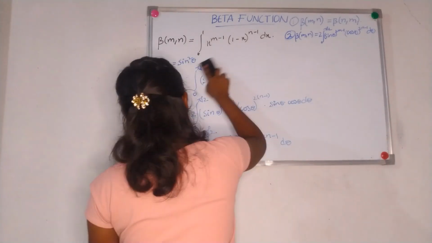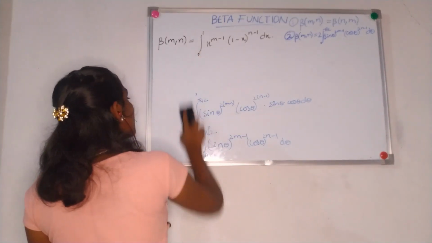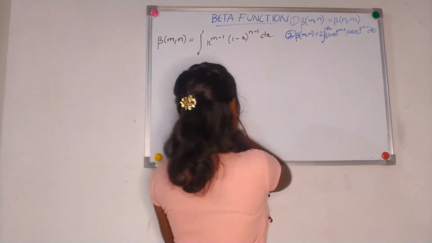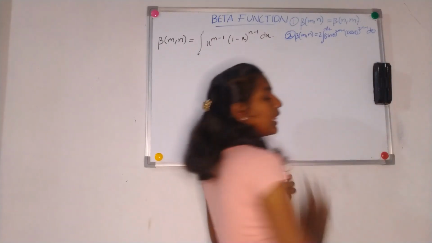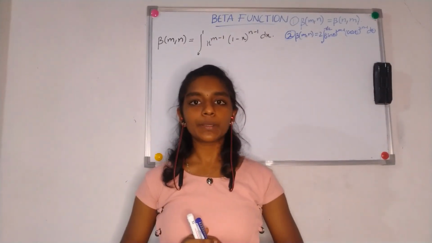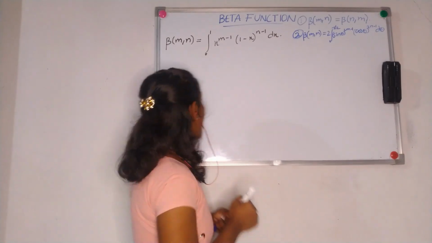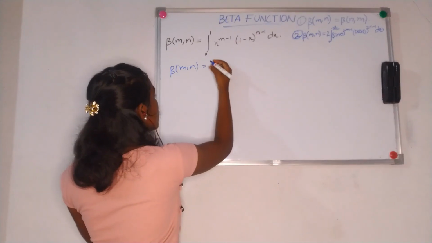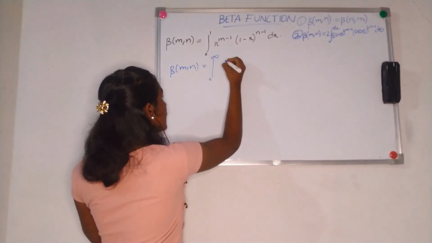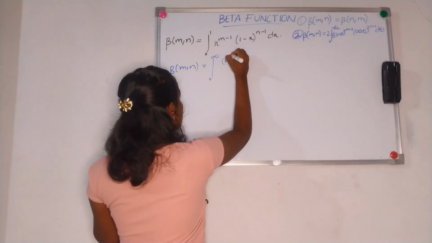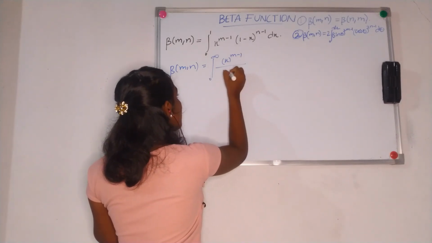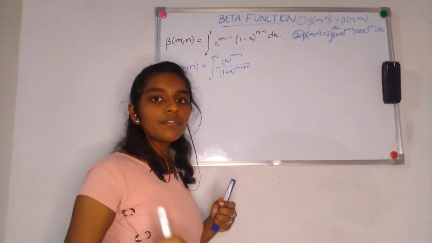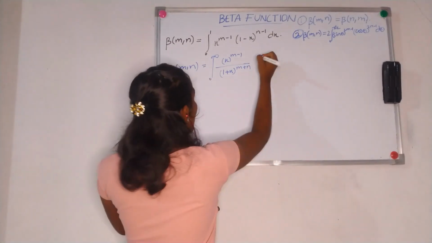Now these are the main deductions that we have to prove when we are doing beta functions. The last one is not something we have to prove. We have a direct formula, that is beta of m comma n is equal to the integral from 0 to infinity of x power m minus 1 by 1 plus x whole power m plus n dx.